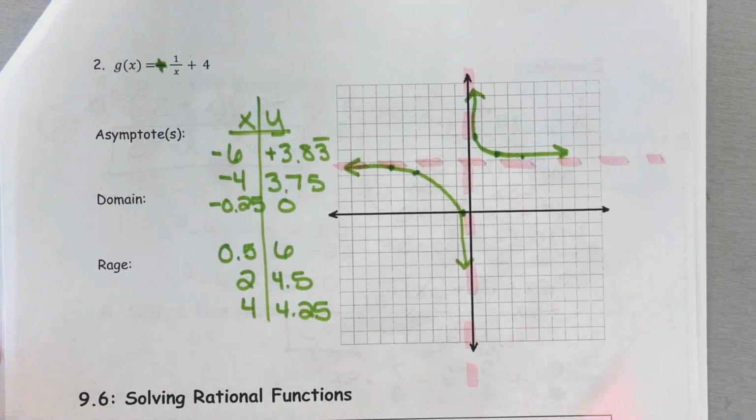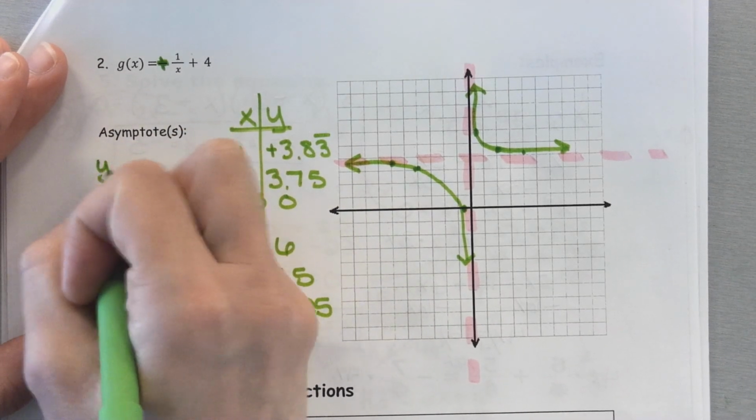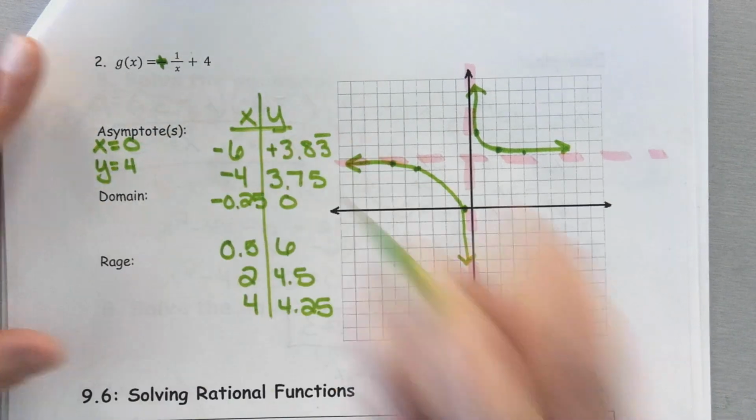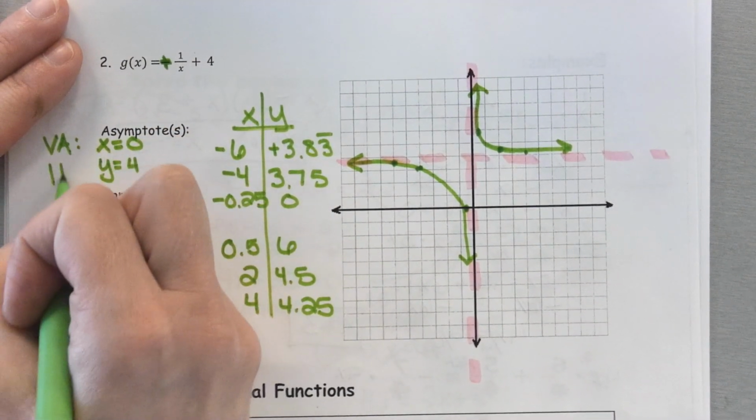No. So again, now we have kind of 2 ways to vet and make sure we are in the right spot with our asymptotes. We have the actual picture, and then we're using the algebra too. Okay, so my horizontal asymptote lives at 4. We just said that. Where did my vertical asymptote live? 0. Okay, so this was vertical, and this was horizontal.